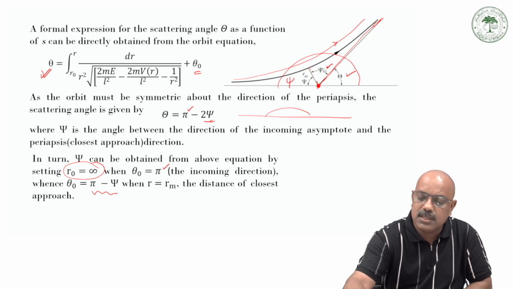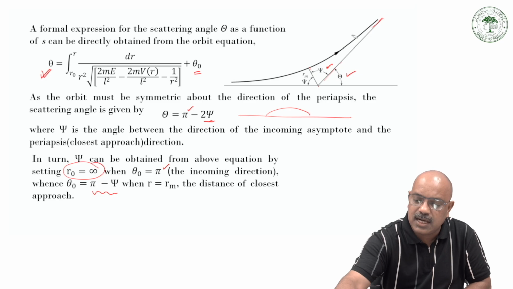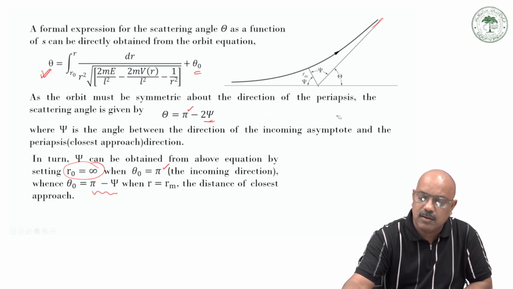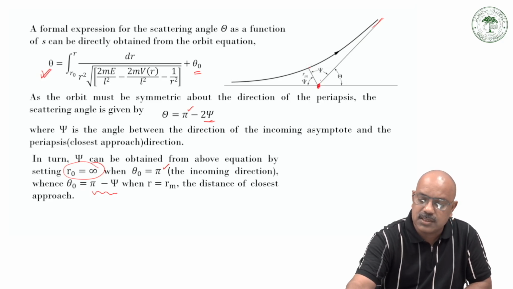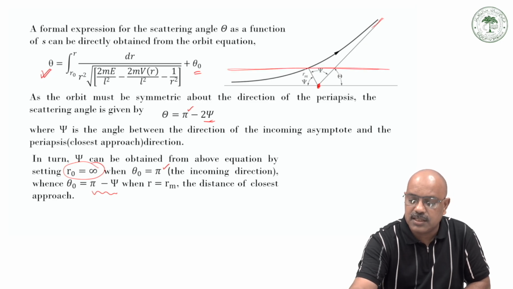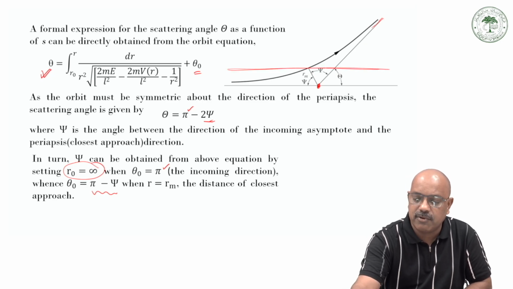With this as the center of force and this as Rm, theta naught becomes pi minus psi, because earlier it was pi, and if you subtract the angle psi, it is going to be pi minus psi.